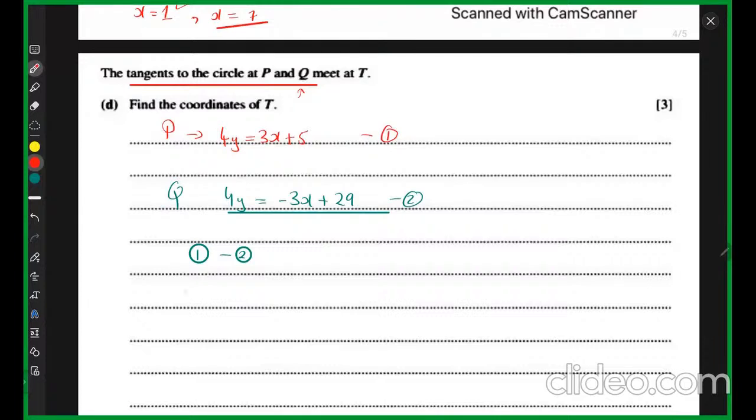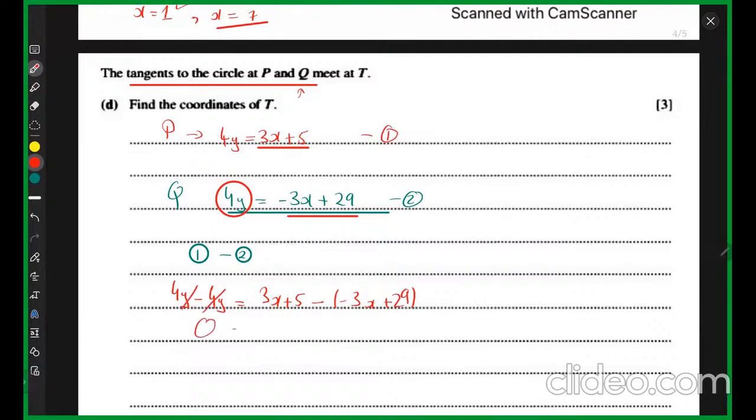So equation 1 is 4y minus 3x plus 5, minus the right side of equation 2, that's minus 3x plus 29. So these two would be cancelled.